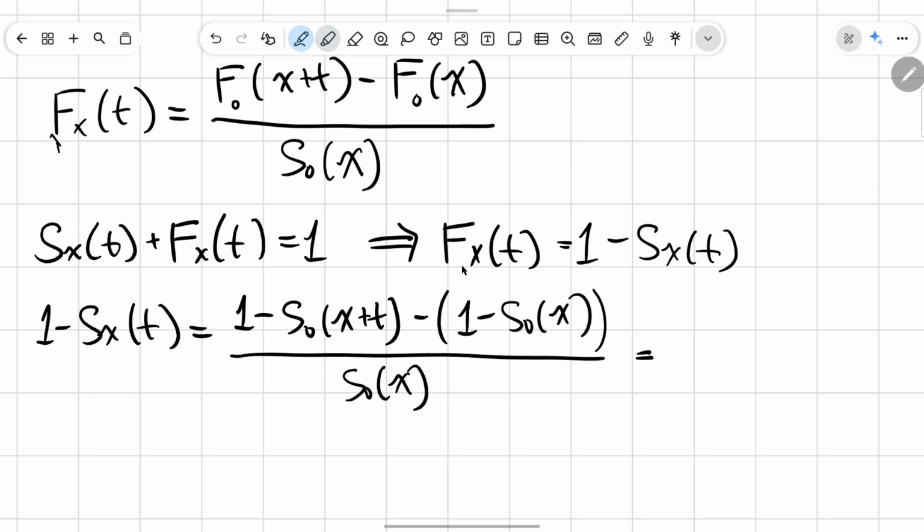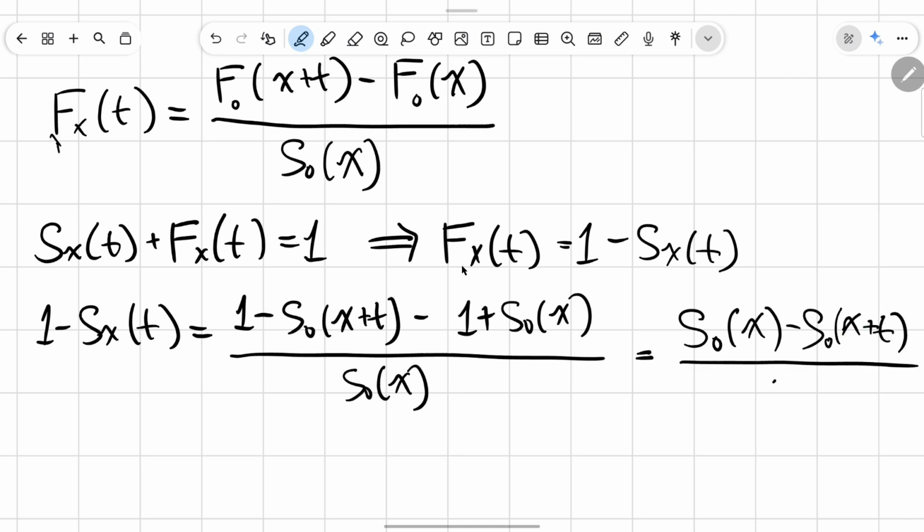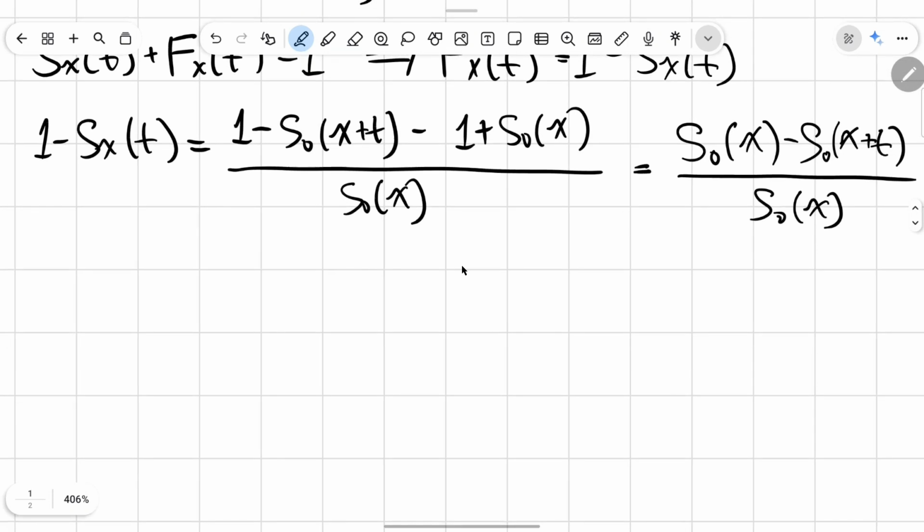So this will become minus and this will become plus. So this will be S0 of x minus S0 of x plus t, all over S0 of x.